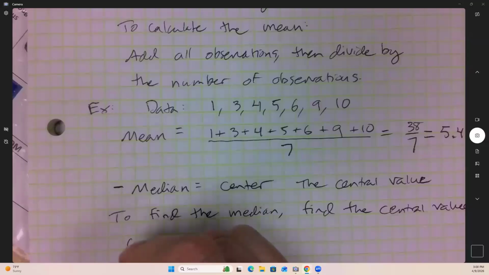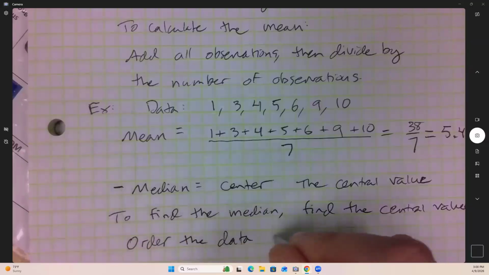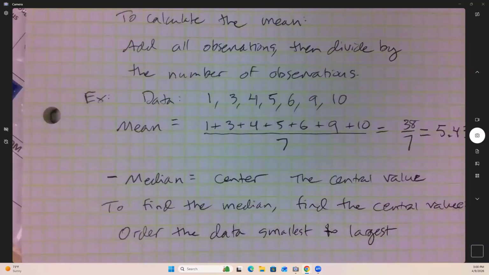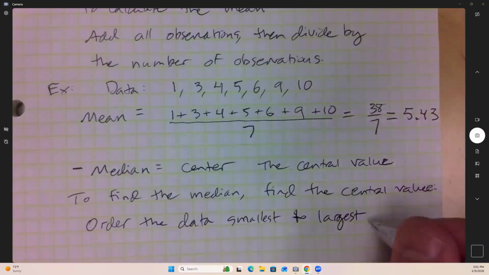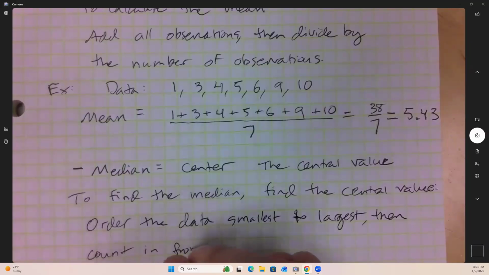So usually order the data smallest to largest, and then count in from both sides.